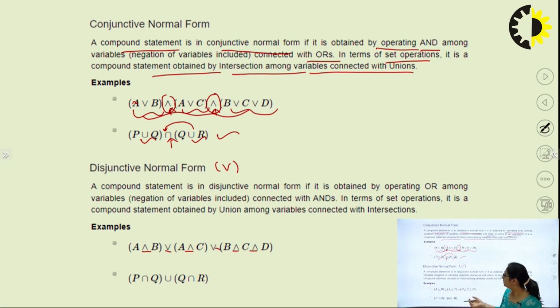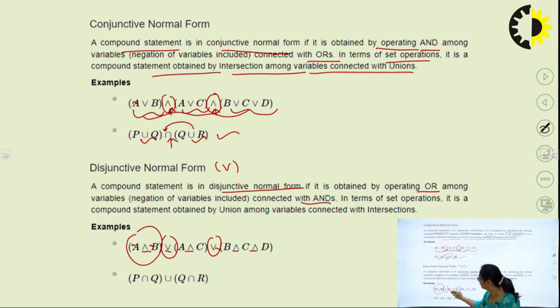Similarly, a compound statement is in disjunctive normal form if it is obtained by operating OR among variables. Negations can again be included, such as negative A or negative B, connected with AND. Here these variables are connected with AND.